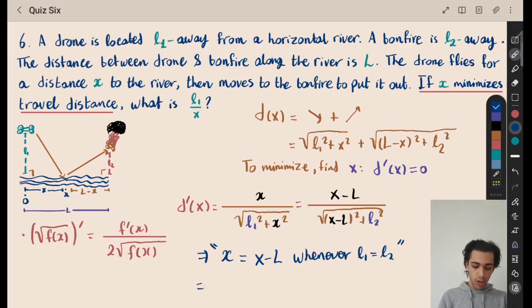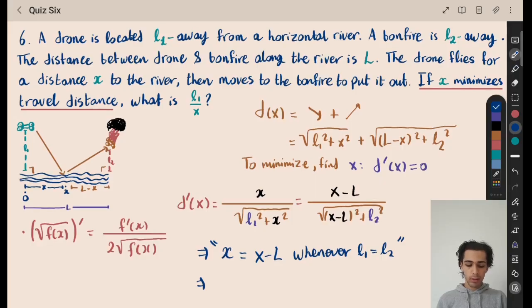You can of course always try to explicitly solve the equation. But if we want to make this mathematically precise, we say that there is a ratio that's preserved. So x is equal to x minus L, that is true, whenever what? Whenever the denominator, which is, let's say, L1, is equal to L2.